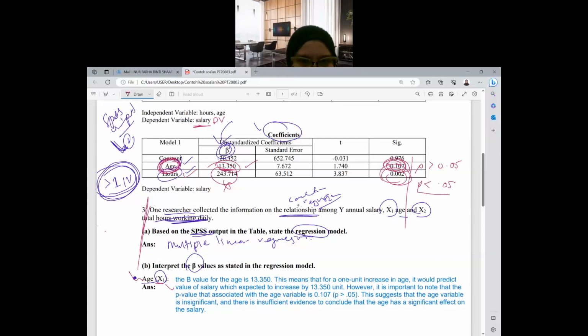So meaning that there is a relationship between the working hours and the salary. It indicates that the hours variable is significant, and there is evidence to suggest that working hours have a significant effect on the salary.